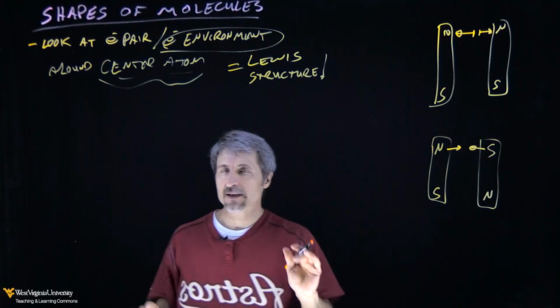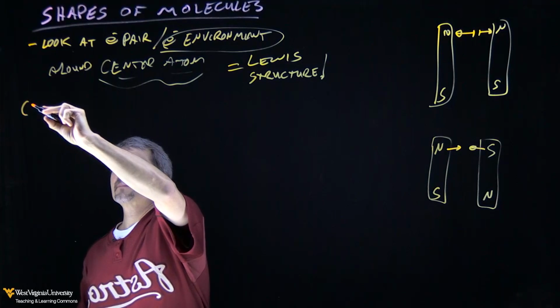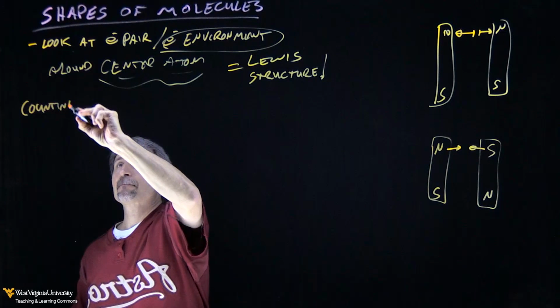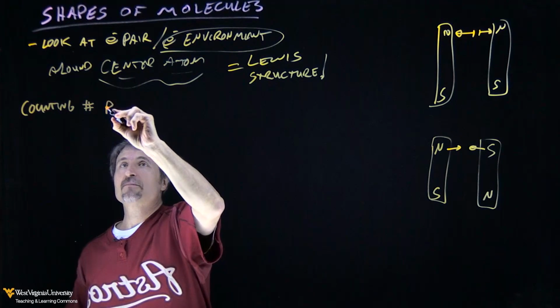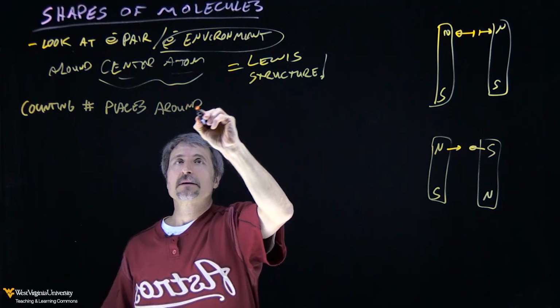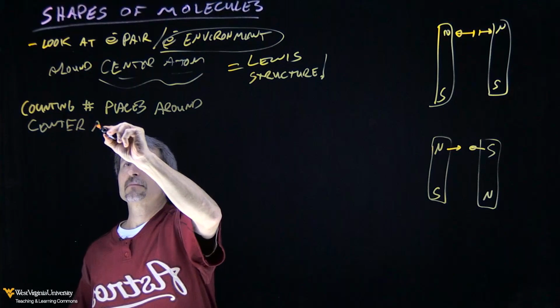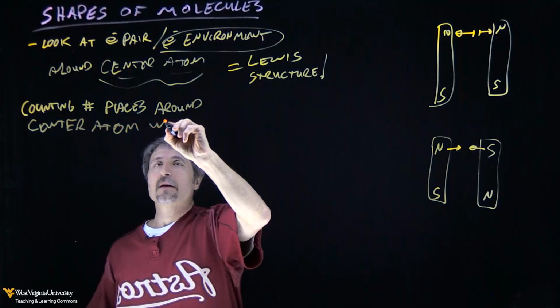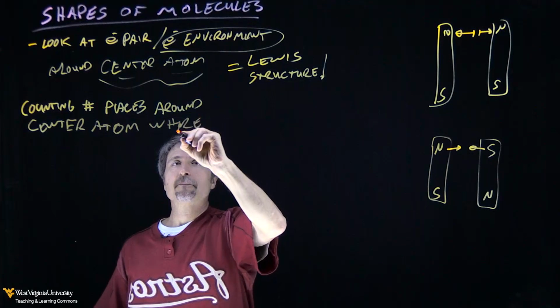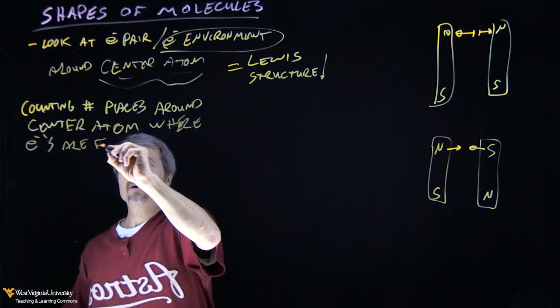But the idea here is counting the number of places around a center atom where electrons are found.